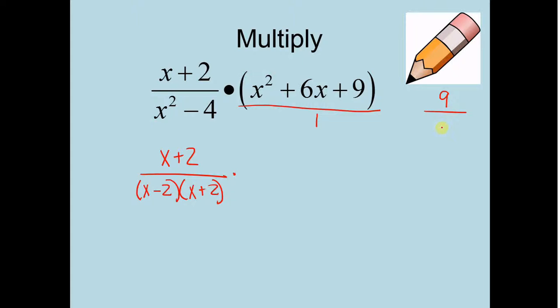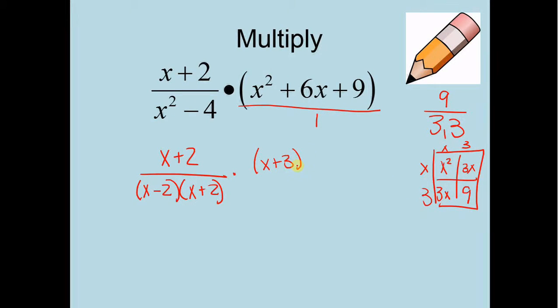So I got 9. 9 and 1 doesn't make 6, but 3 and 3 does. Box it over here: x squared, 3x, 3x, and a 9. So x, 3, 3. I will have x plus 3, x plus 3 at top, over just 1.